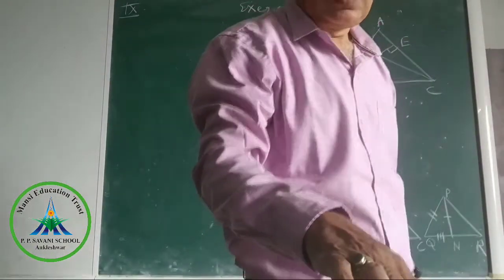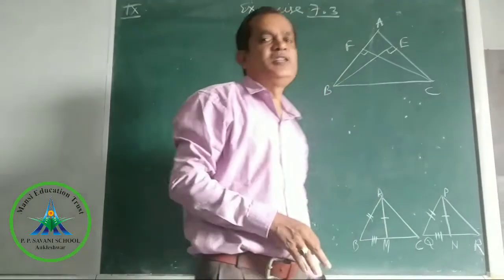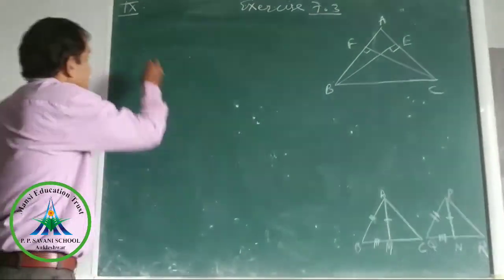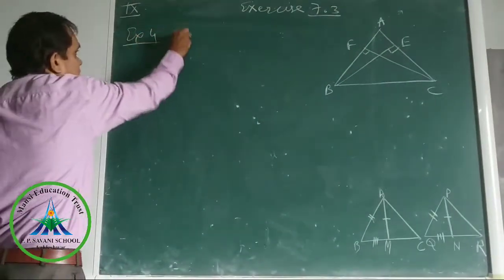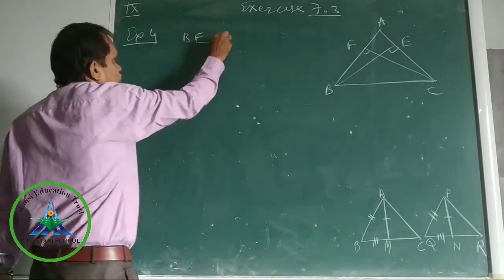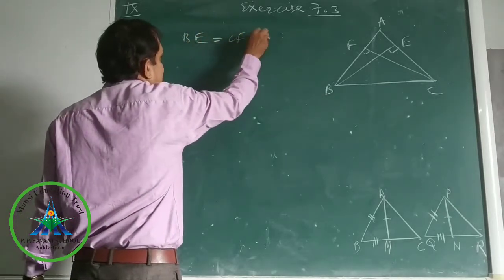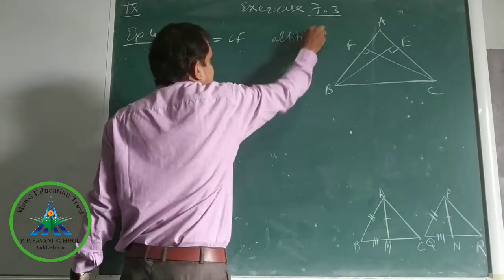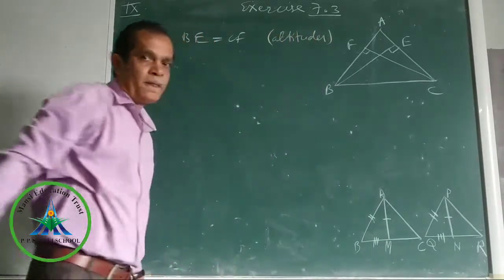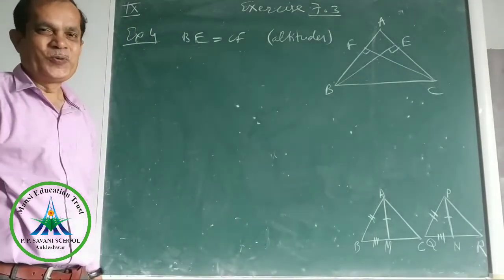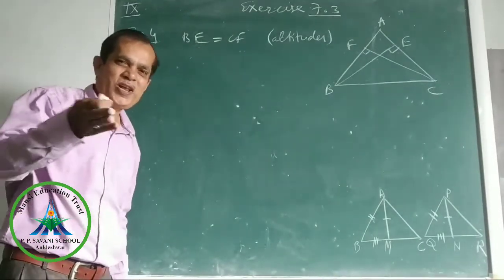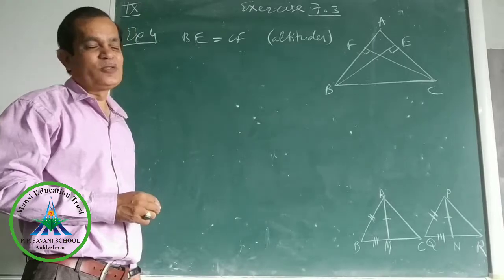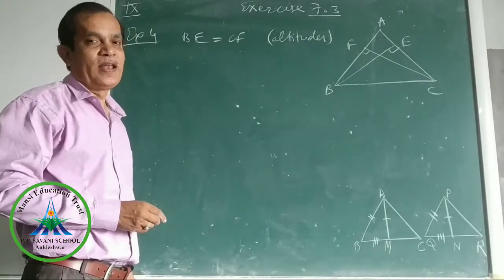Using RHS, show that triangle ABC is isosceles. Example 4: BE equal to CF, and both are altitudes. They are asking us to use only the RHS rule to show ABC is an isosceles triangle. Its two sides are equal.